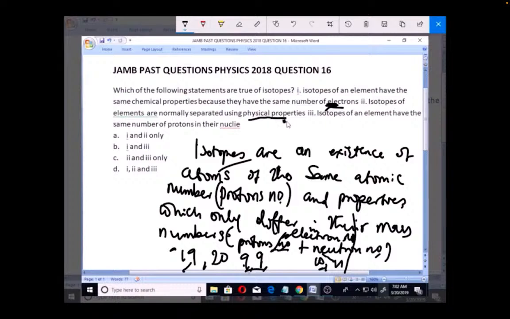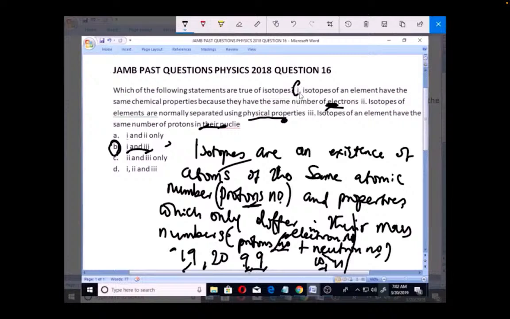We don't know of this fact, so this cannot be true here. But III, isotopes of an element have the same number of protons in their nuclei, is also correct. So we have options I and III to be correct. So B is the right option, because I is correct and III is correct.